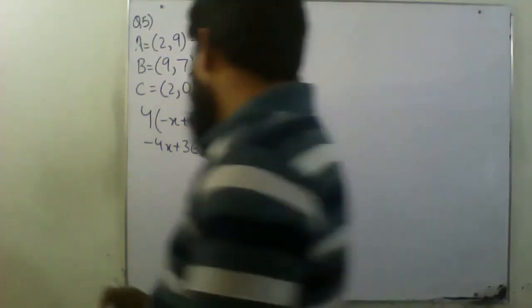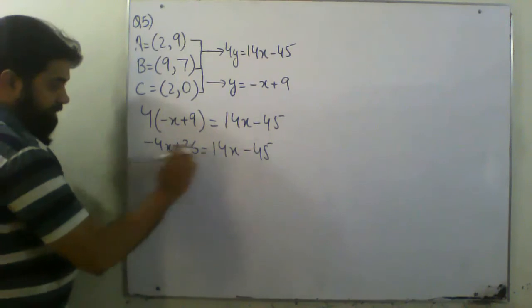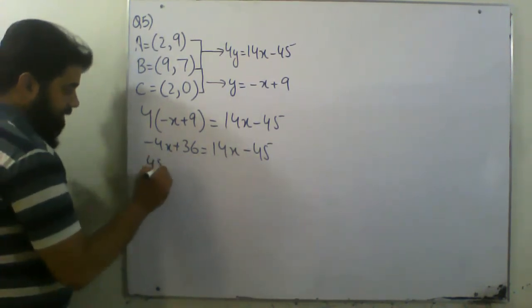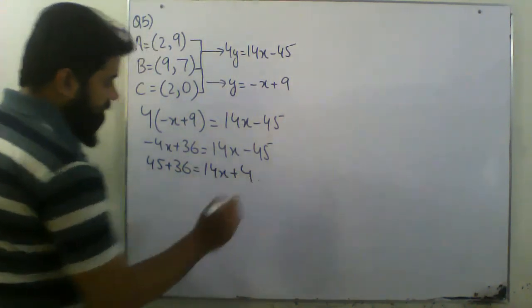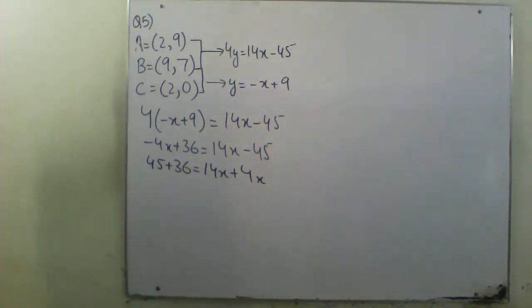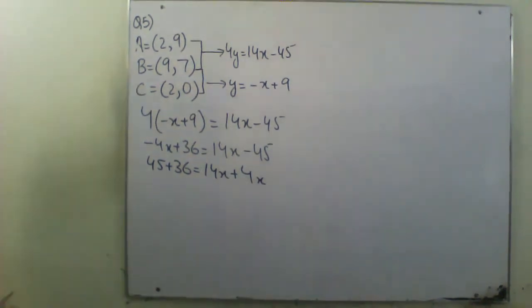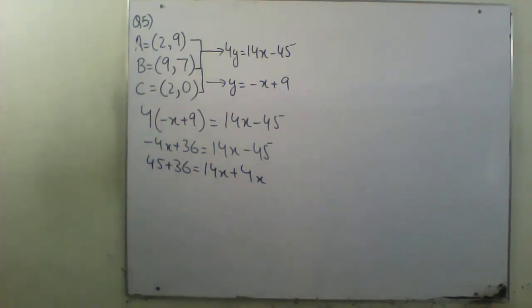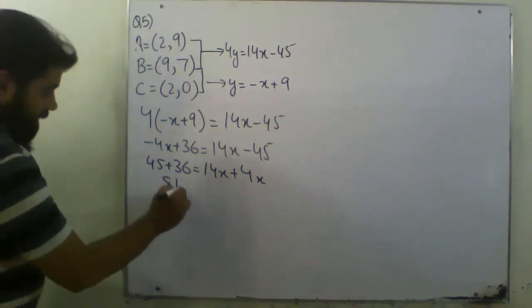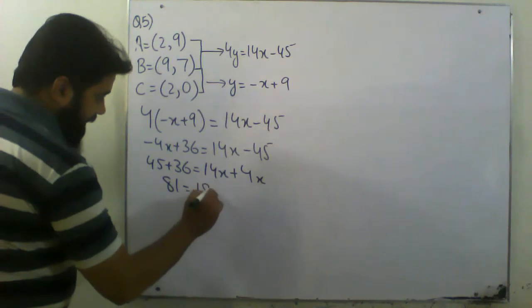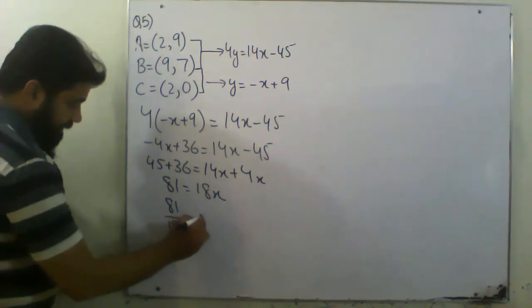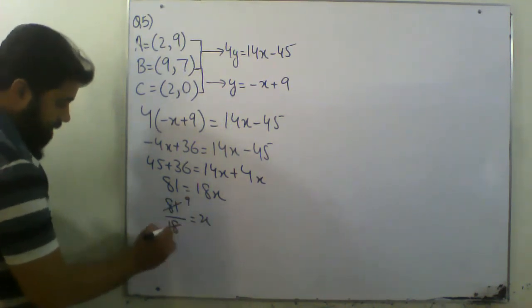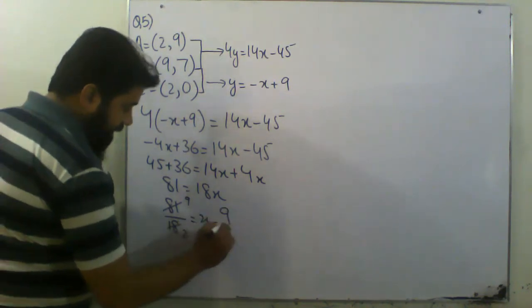Shifting this over here and minus 45 over here, so 45 plus 36 equals 14x plus 4x. 45 plus 36 is 81. So 81 equals 18x. Shifting it, 81 over 18 equals x. 9 nines are 81, 9 twos are 18. The value of x is coming 9 over 2.